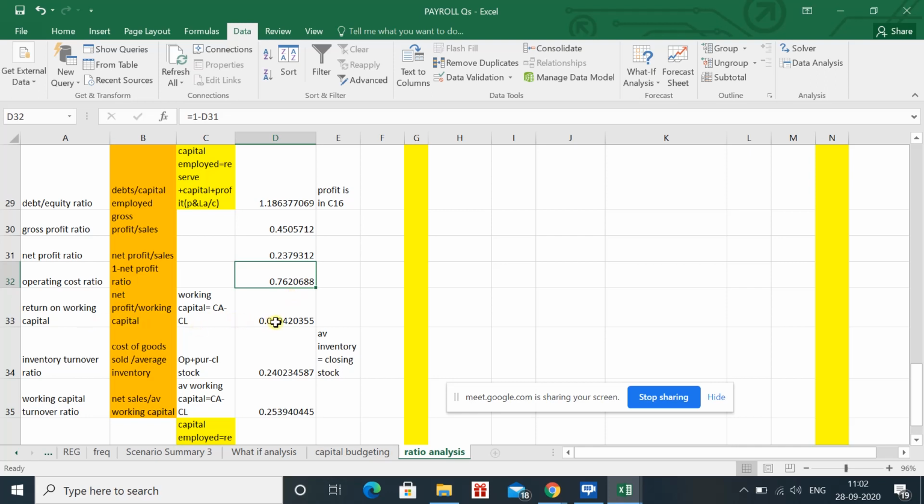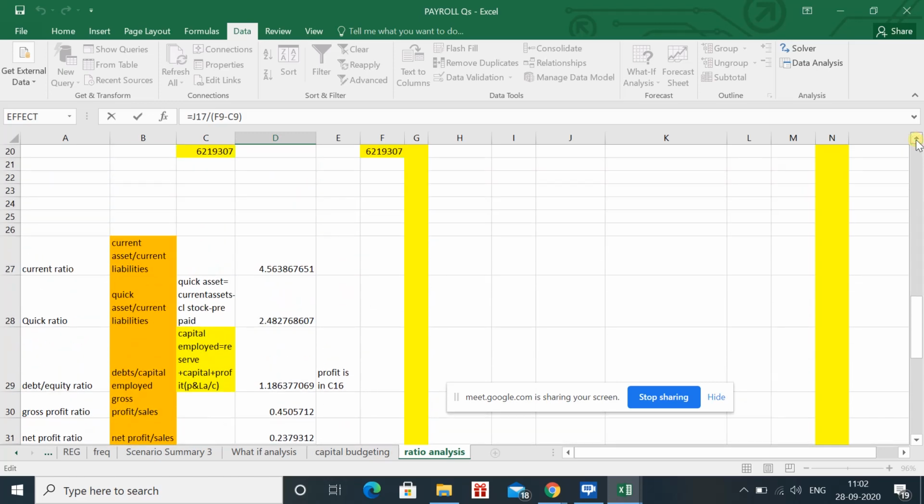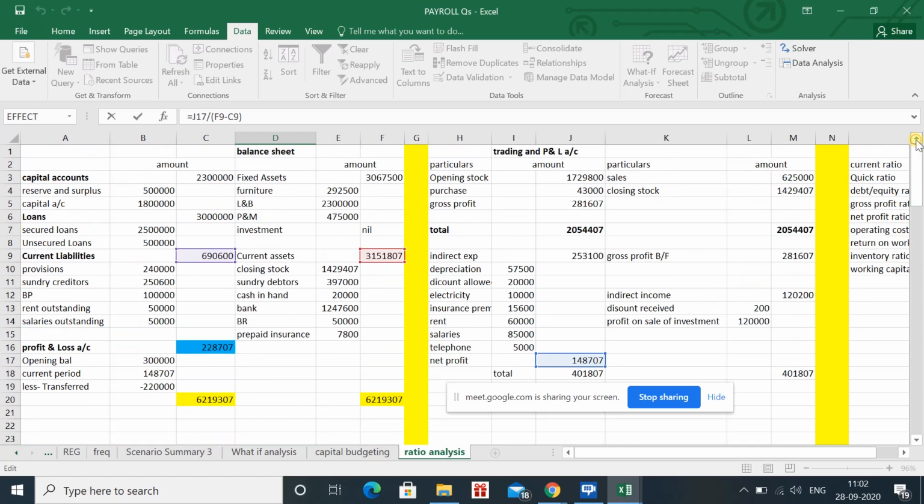Then return on working capital, net profit divided by working capital. So net profit we know we will get in the P&L account, and working capital is current asset minus current liabilities. So net profit divided by current asset minus current liabilities. For the formula, you can refer to the formula bar, and you can see this is the net profit.